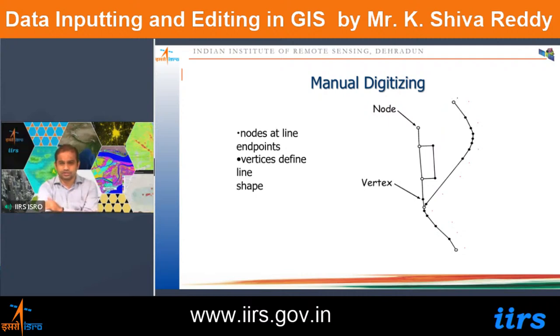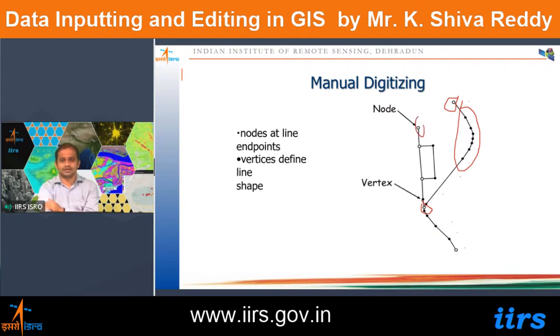So here this is the node and these are the vertices. Based on the vertices, the shape of this linear feature varies. If you move this vertex here, it will slightly become less curvy, right? And another vertex here tells us that this linear feature has stopped here.